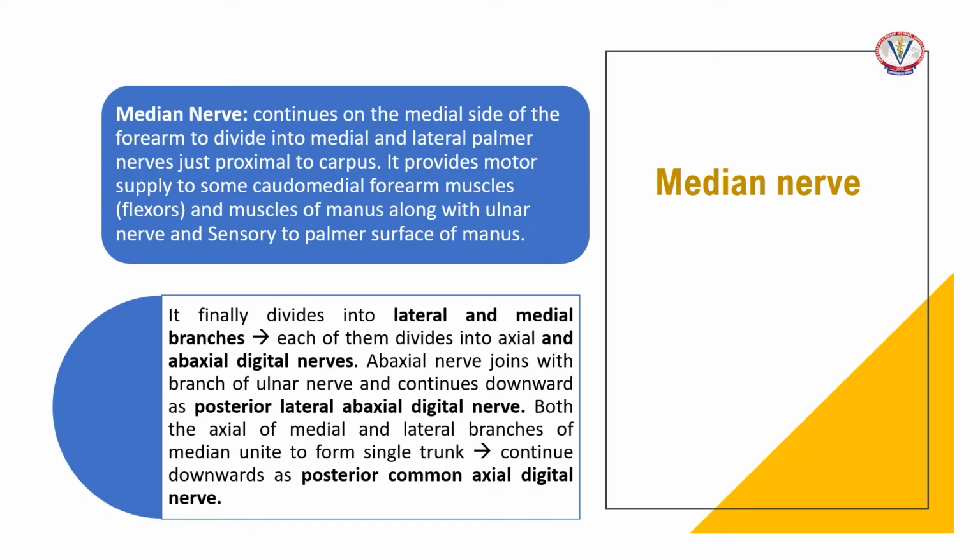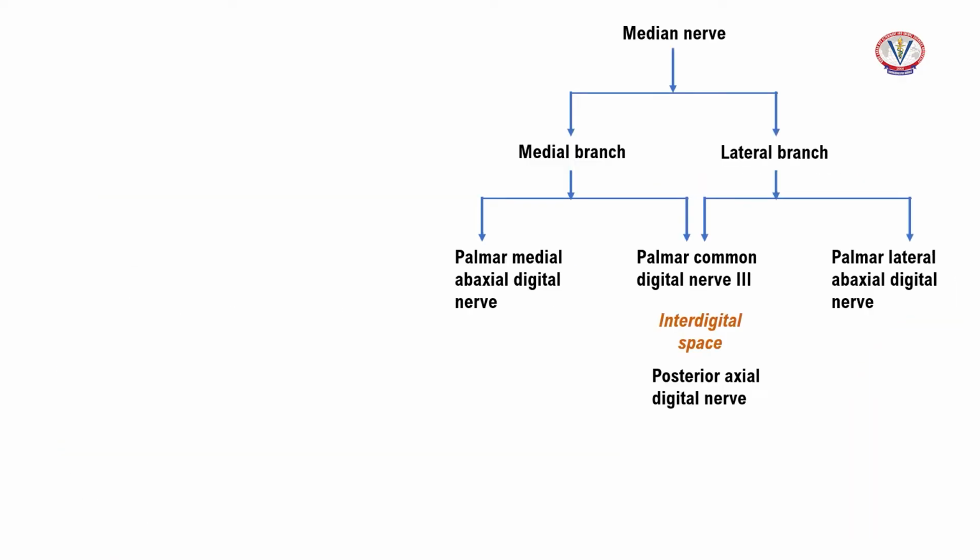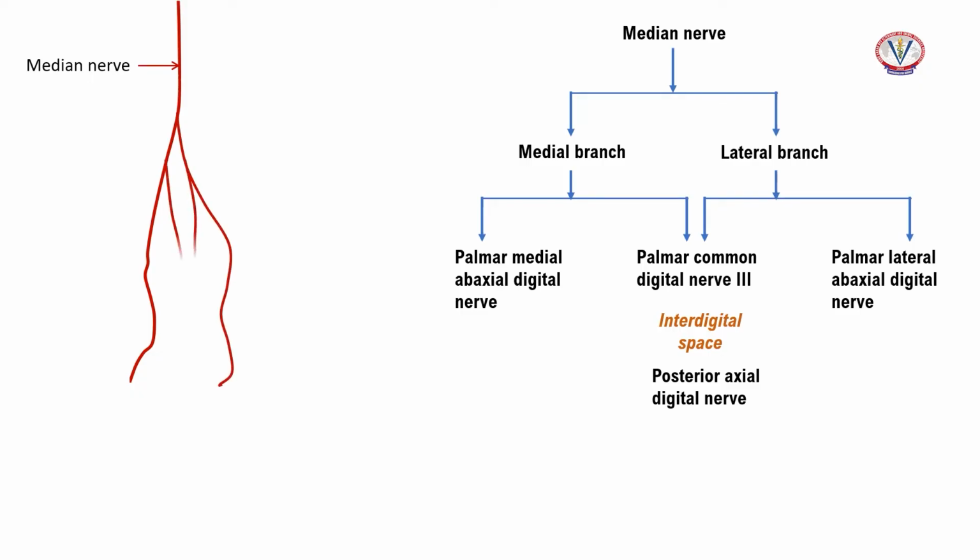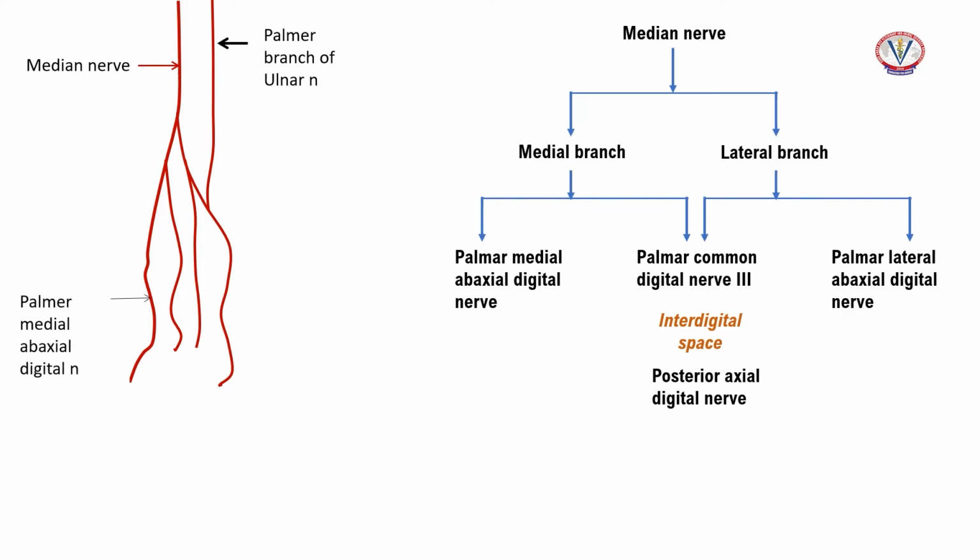Each of them divides into axial and abaxial digital nerves. The abaxial nerve joins with the branch of ulnar nerve and continues downward as posterior lateral abaxial digital nerve. Both the axial branches of the median nerve unite to form a single trunk which continues downwards as posterior common axial digital nerve.